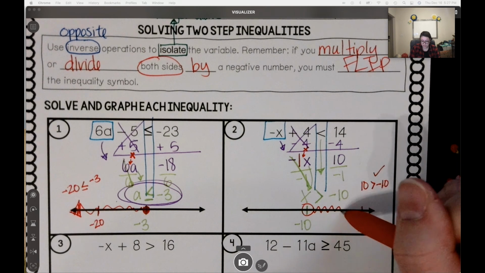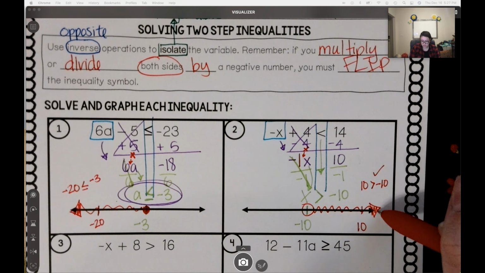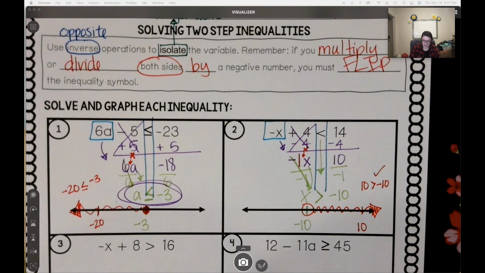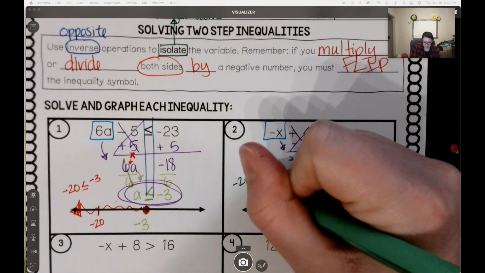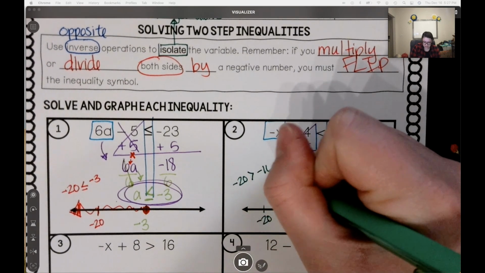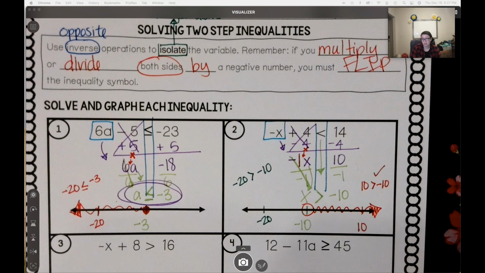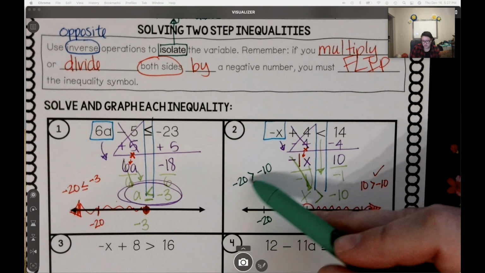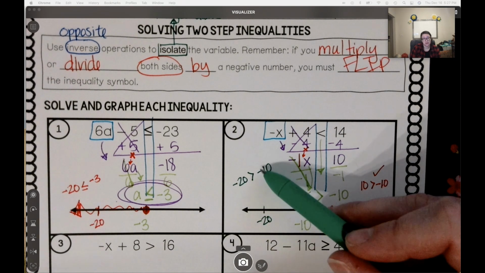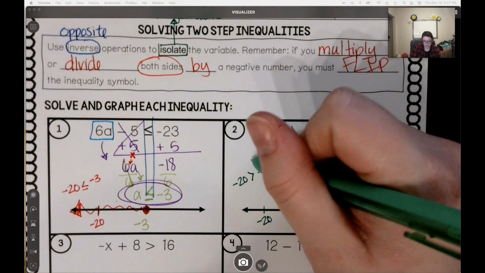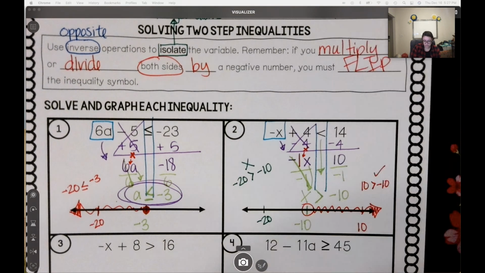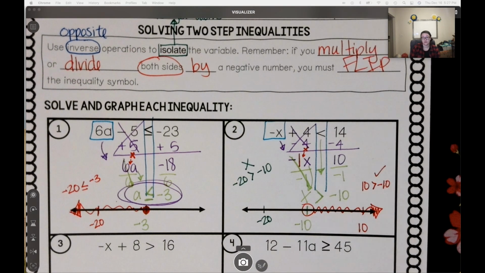So that means we should shade to the right. If I try to choose a number like negative 20, is negative 20 greater than negative 10? Again, it might look like it because 20 is bigger than 10, but with negatives, the numbers change order. So this is not true. We should shade to the right.